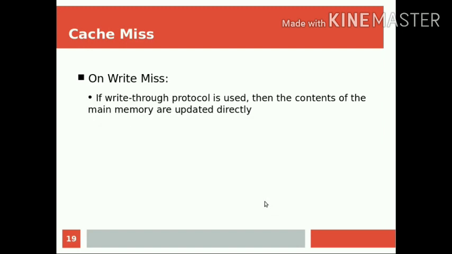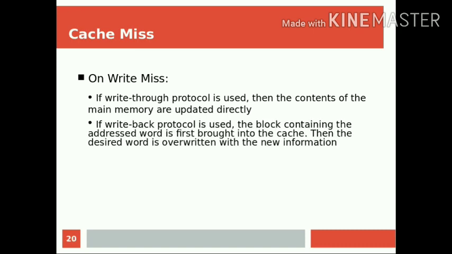And on a write miss, if write through protocol is used, then the contents of the main memory are updated directly. That is, first the content of the main memory block is updated, and then that block is brought into or loaded into the cache memory.